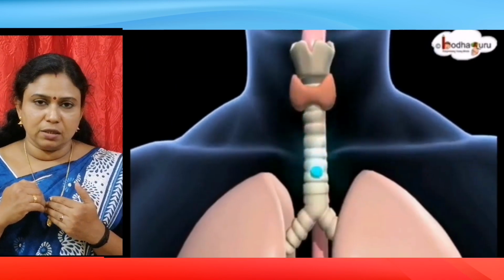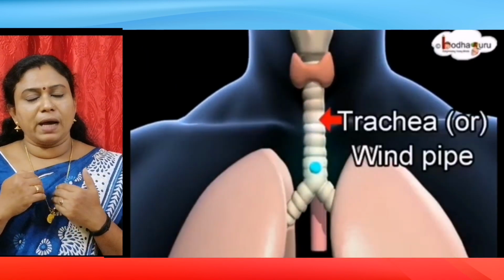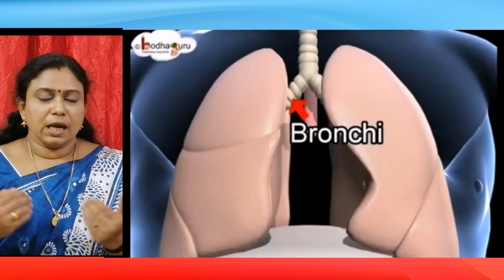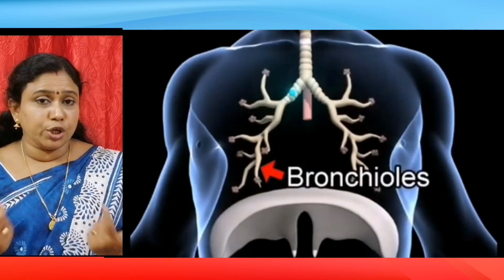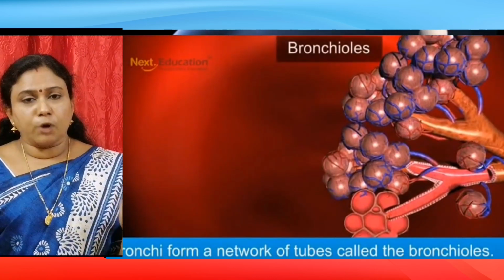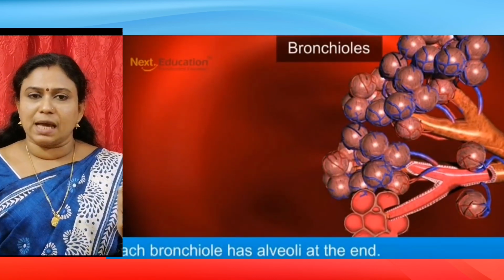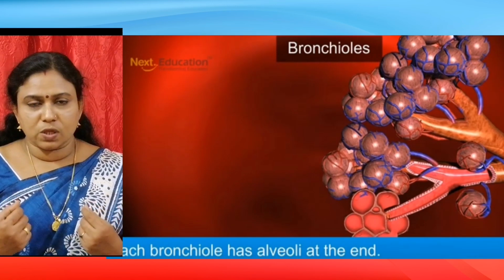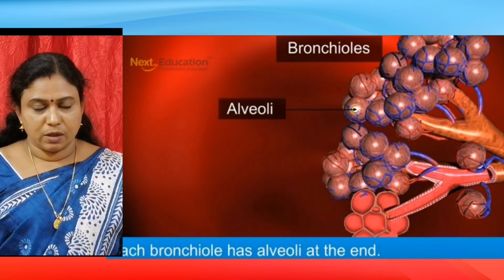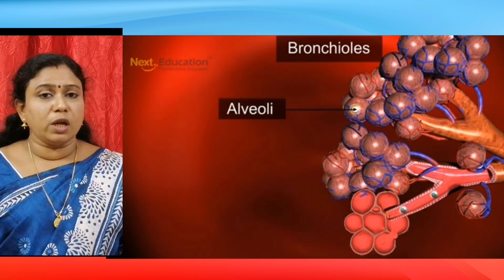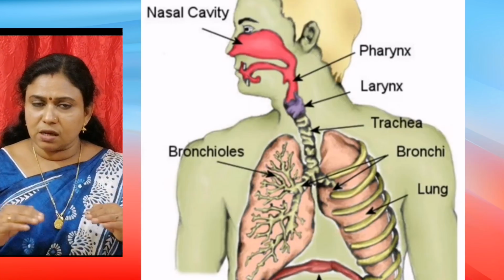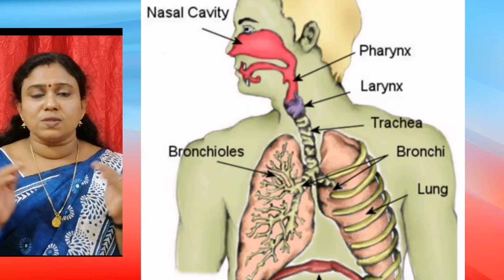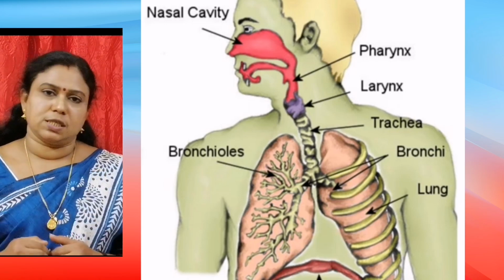Then there is the trachea, and the trachea is followed by the bronchi, and the bronchi are divided into small branches called the bronchioles, and the bronchioles end up in small air sac-like structures called the alveoli. These bronchioles and alveoli form the lungs in our body. So these are the organs associated with the respiratory system.